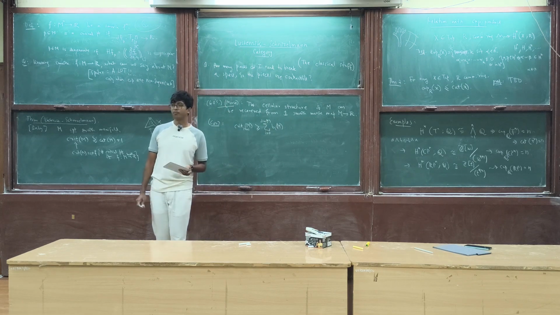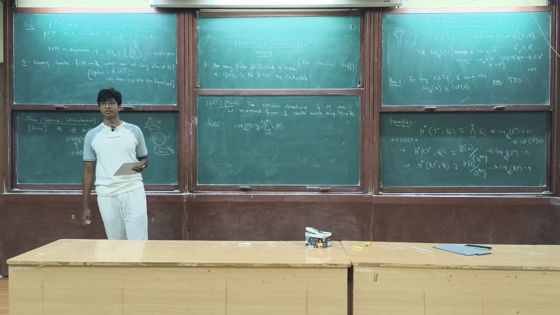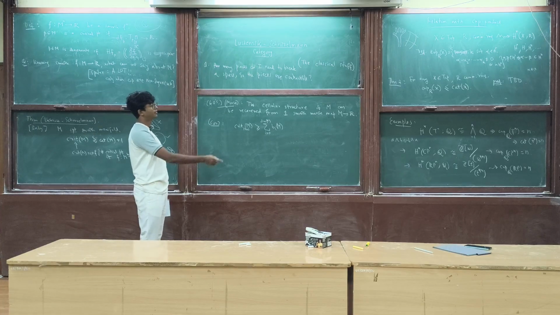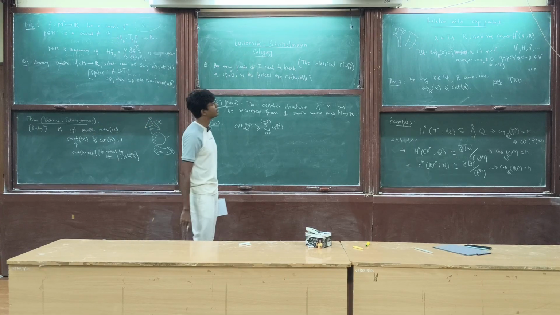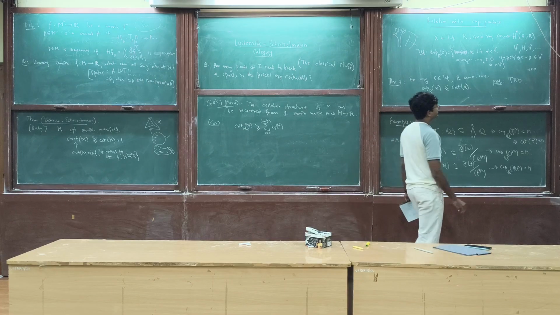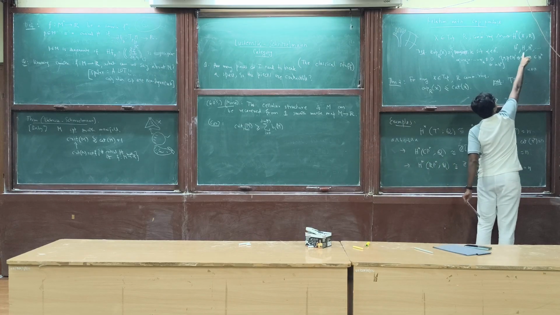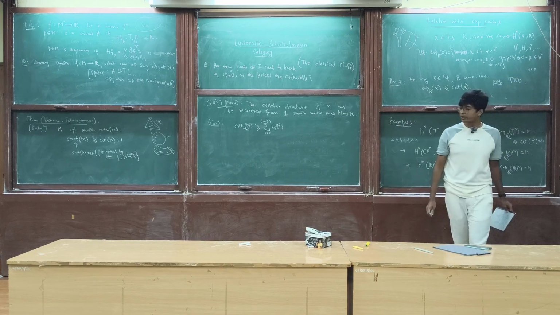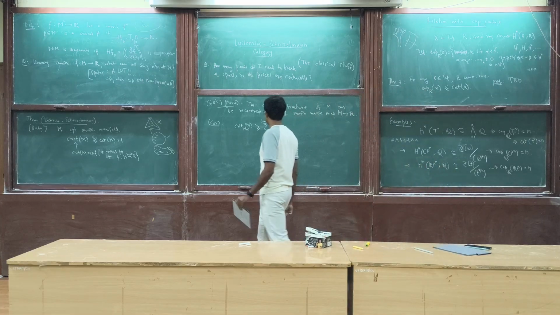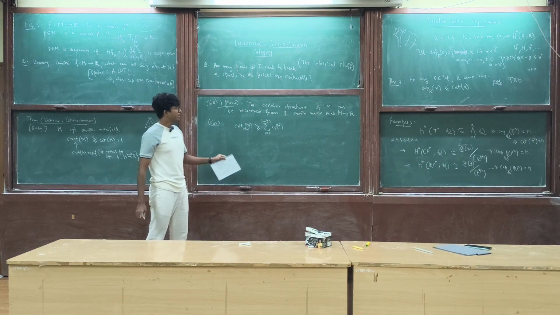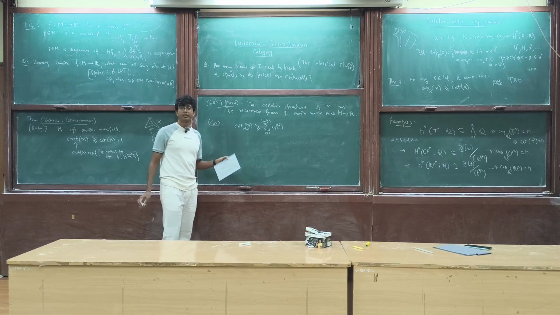This b_i of M, they are called Betti numbers. If you have encountered topology at some point, the Betti numbers are basically dimensions of these vector spaces. So it's also an algebraic invariant.